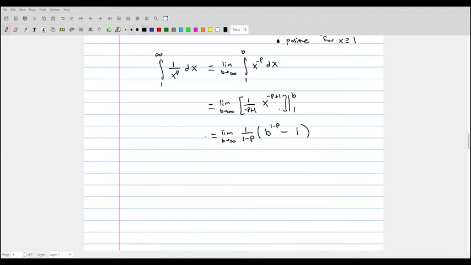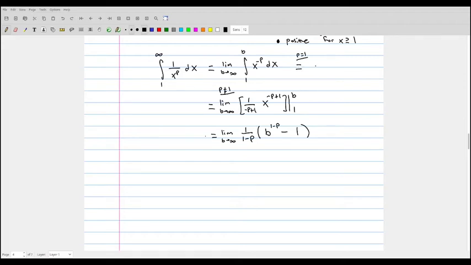Now this antiderivative right here is for when p is not equal to 1.